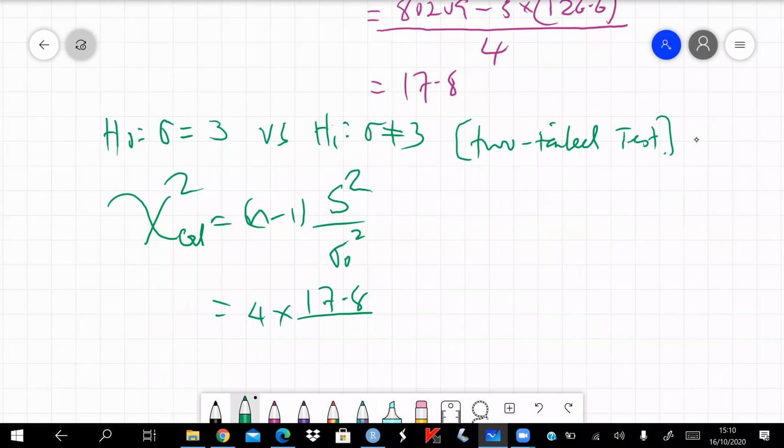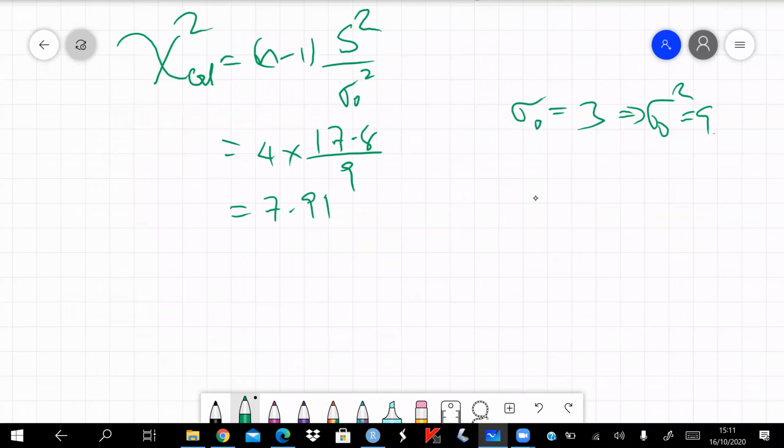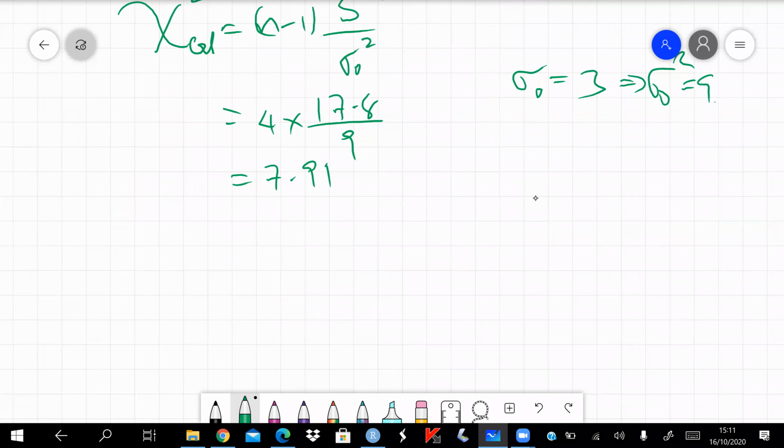Our sigma naught is 3, so that means that our sigma naught squared is 9. So here we shall have divided by 9. So let's work out this value and get the calculated statistic. The calculated statistic will be 7.91.